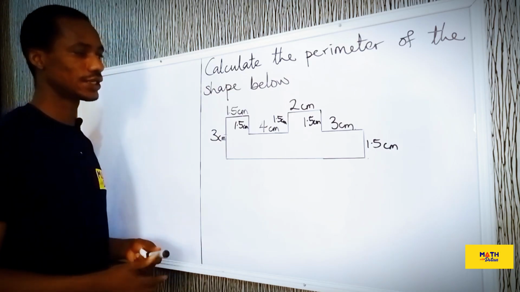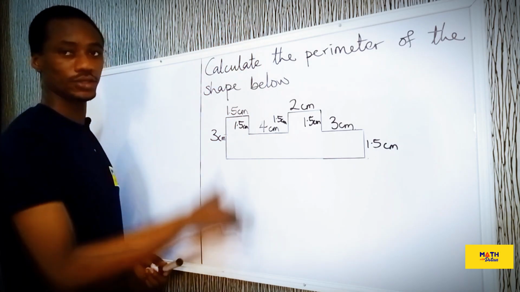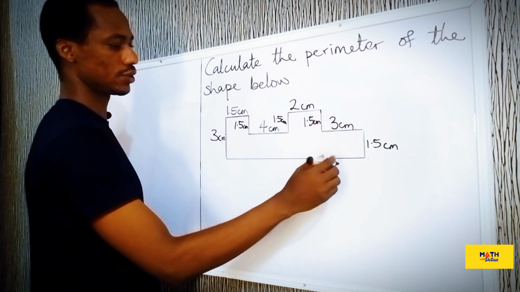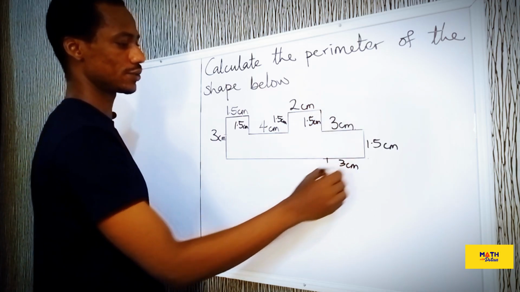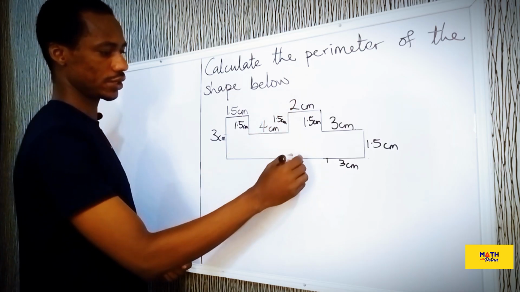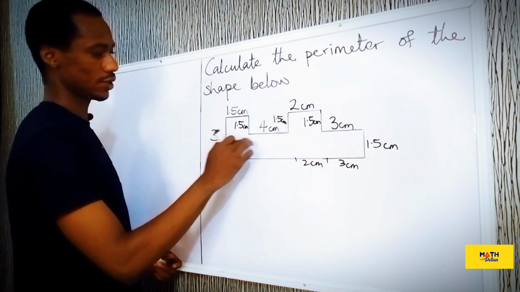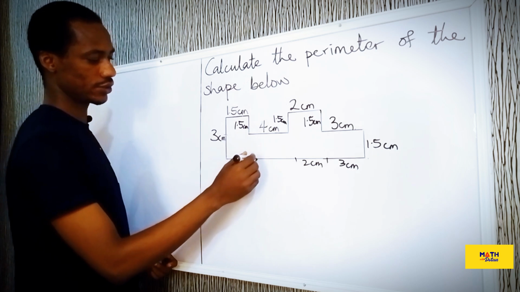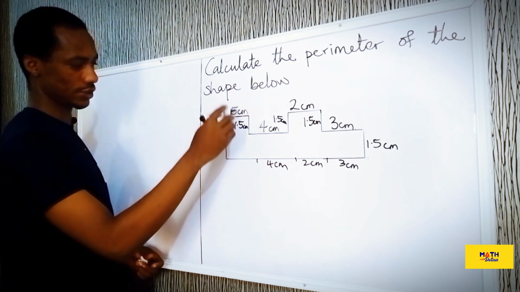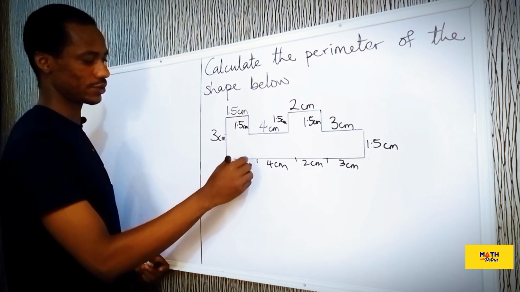Now we are left with the last part, the longest part of the shape. How do we get the length? We just bring down the opposite from the top. From this point to this place, we know it's 3 centimeters. Then 2 centimeters to this point, we bring it down, we know it's 2 centimeters. From here to this point, we know it's 4 centimeters. And then from this point down, we know it's 1.5 centimeters.